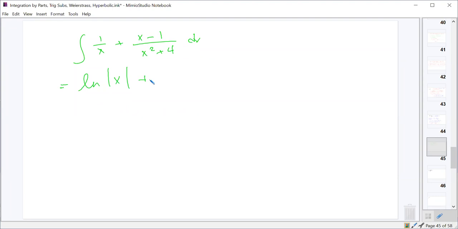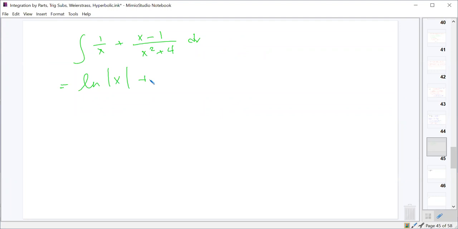We could do a u sub. Okay, we could do a u sub. So u would be x squared plus 4 and du would be 2x, right? That's going to cause an issue though, because we don't just have a 2x up there. We've got an x minus 1. So if I multiply it by 2, we then have a 2x minus 2.